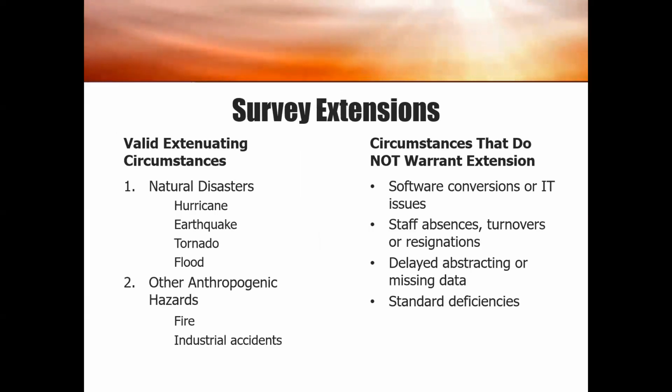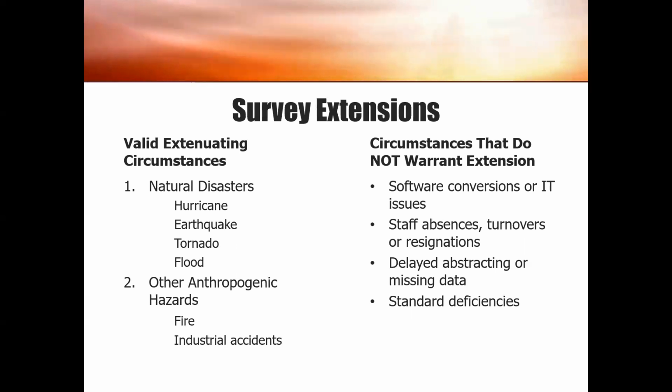In rare cases, when extenuating circumstances affect the program itself, a survey extension may be granted. The extension is usually for only 3 months, but a longer extension may be granted given the facility's circumstances. There are 2 valid extenuating circumstances that would warrant a survey extension. 1, natural disasters such as a hurricane, earthquake, tornado, flood.